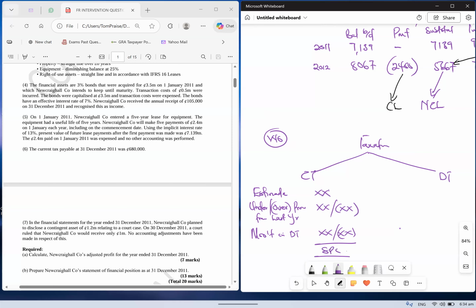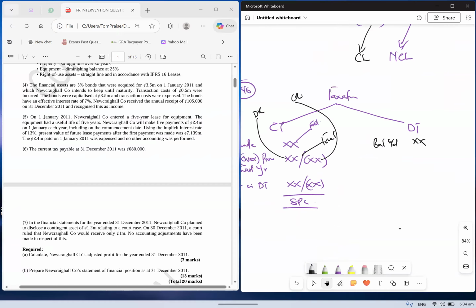Now, the entity's estimate, you will see it in the footnote. This over and under adjustment, you will see it in the trial balance. When it is under, it means it is at the debit side of your trial balance. When it is over, it is at the credit side. So take note. Then the movement in deferred tax is done here. You need the balance brought down, then you will calculate your balance carried down.